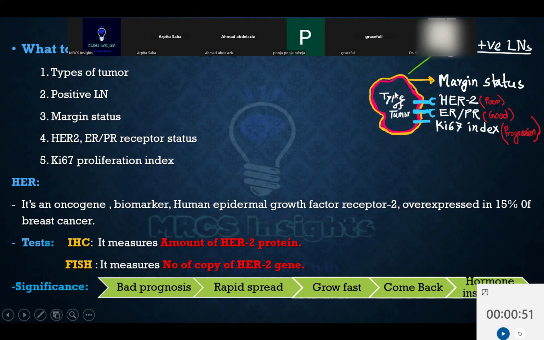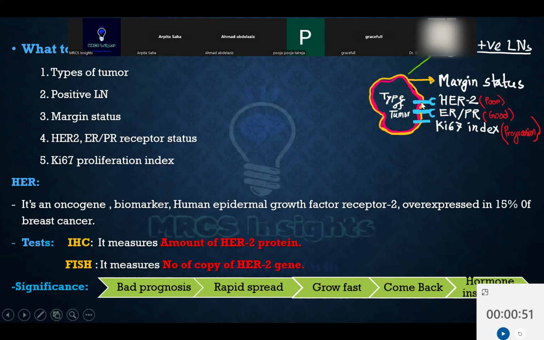And what we have to look for in pathological report, keep this picture in mind in your exam: we have to find out what type of tumor this is, what will be its margin status, and also the lymphovascular status. So we get 3 points here: the type of tumor, the lymphovascular status, and the margin status.